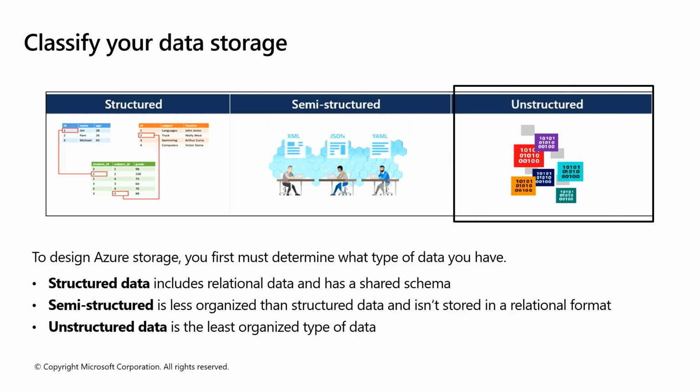First of all, it is important to understand what data types we are working with. Let's classify our data. We can work with structured data, relational tables with a shared schema, like SQL. We can work with semi-structured data, if we have a structure but not in relational tables, like JSON, XML, YAML files, events, templates.